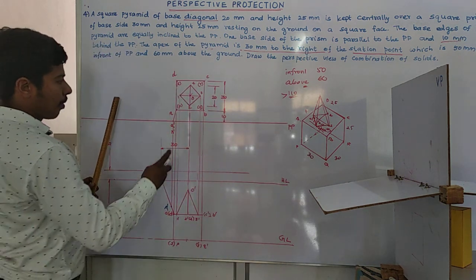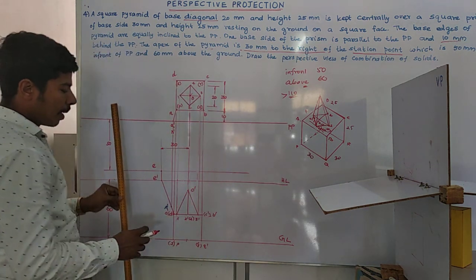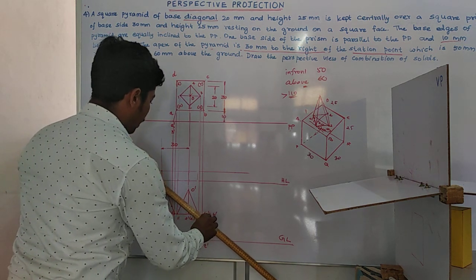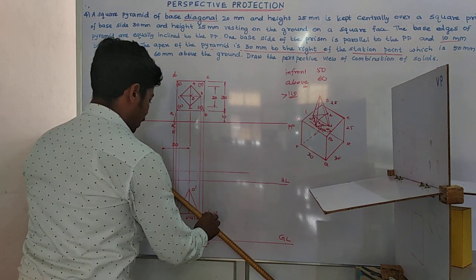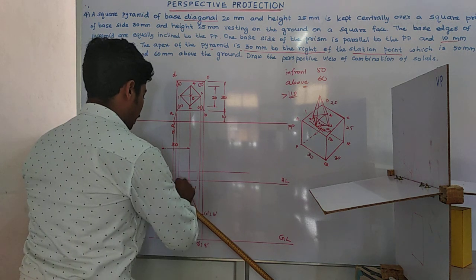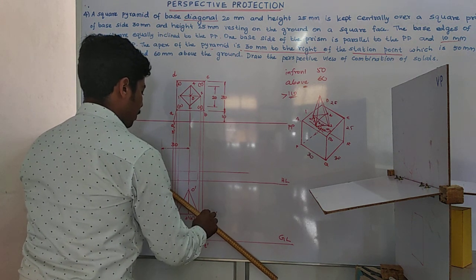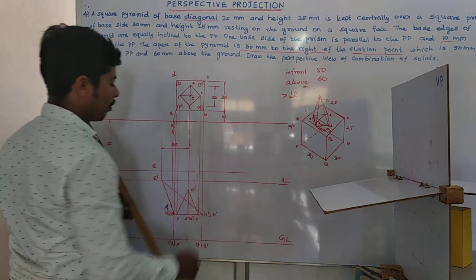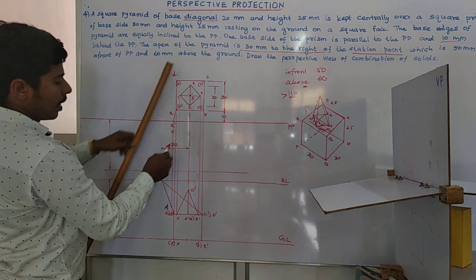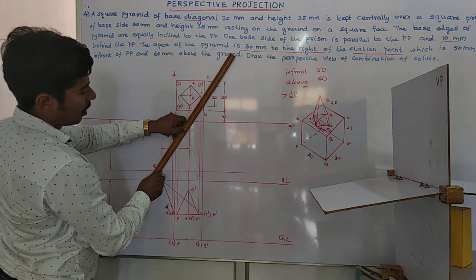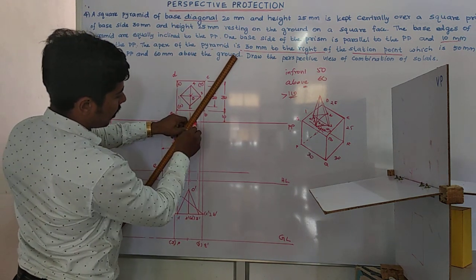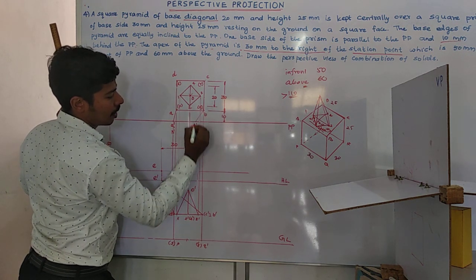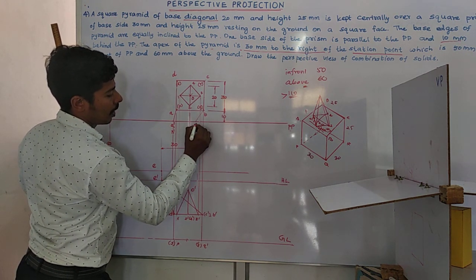Similarly, from B I draw a line. E to B. So this point is our B1 and Q1 dash.